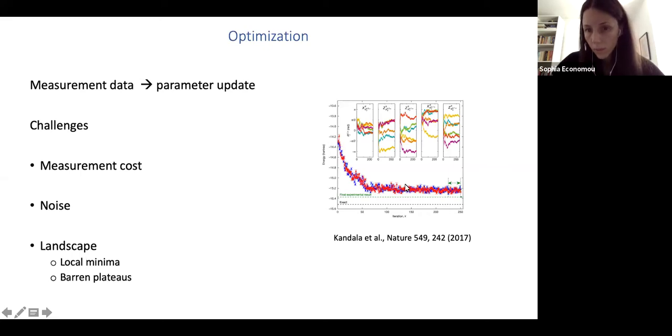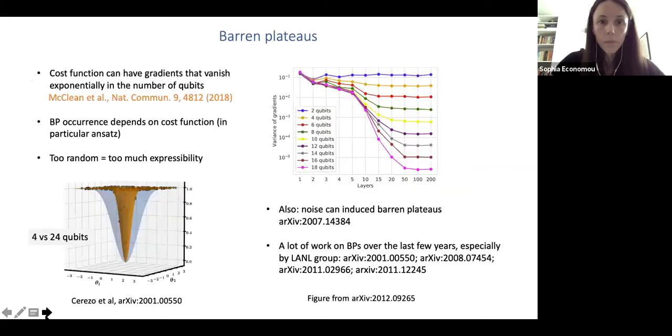This is a figure from the early IBM paper where they demonstrated the simulation of a few small molecules. And here you see how with iteration in the optimization step, they go closer and closer to the ground state energy. So the issue of barren plateaus has to do with the fact that the cost function can have gradients that vanish exponentially as the size of the system grows.